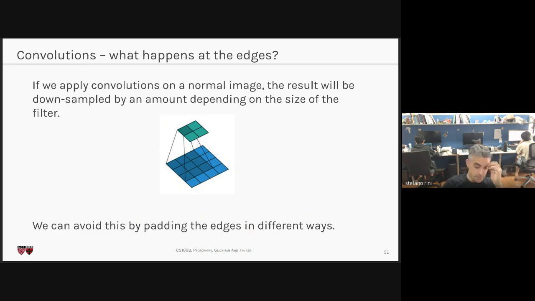So the downsampled image, right? The idea is that the filter is going to move by a certain stride. So it's called stride. Depending on the stride, you're going to have a certain dimension of the output, and we have to decide what happens when the filter moves beyond the edge of the image.